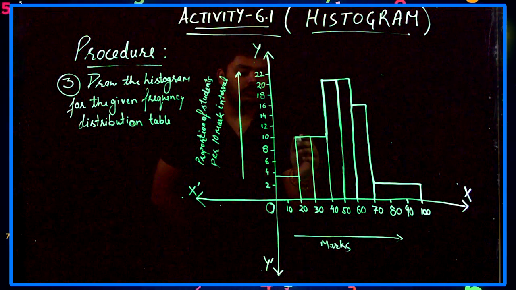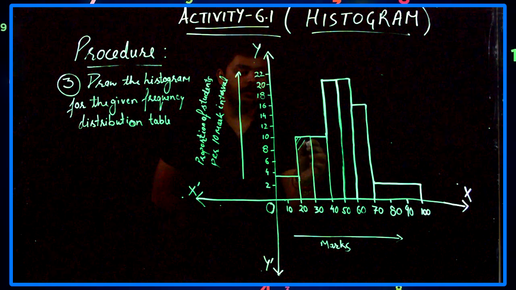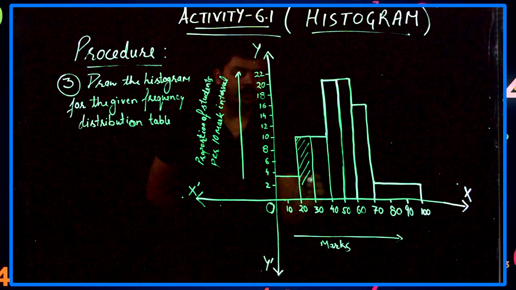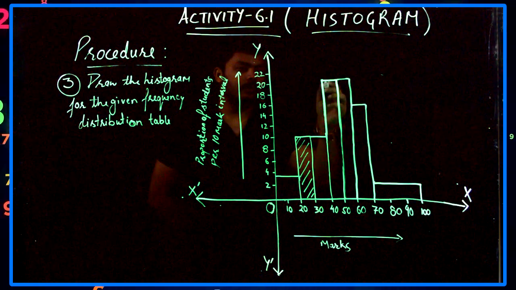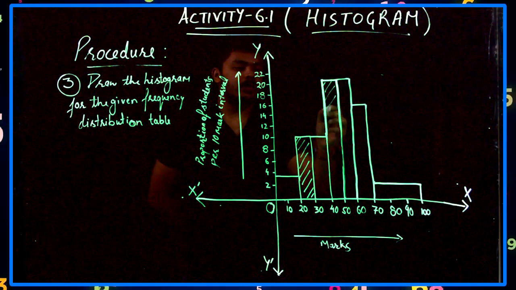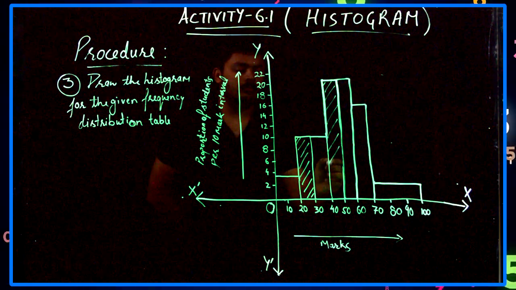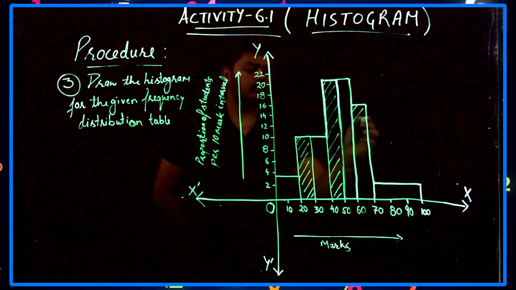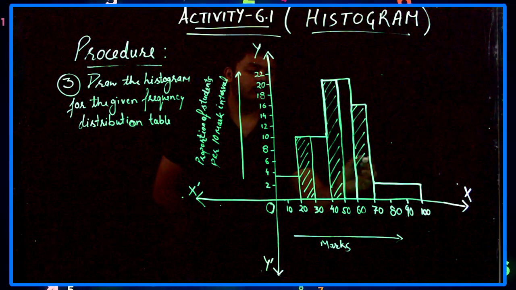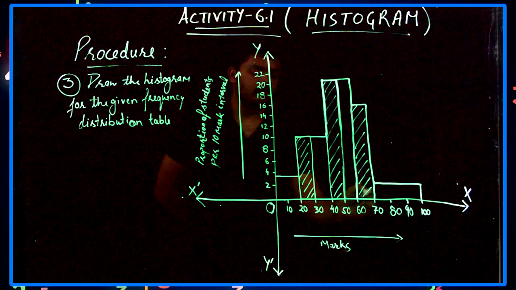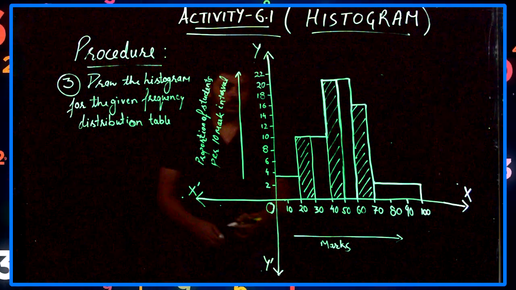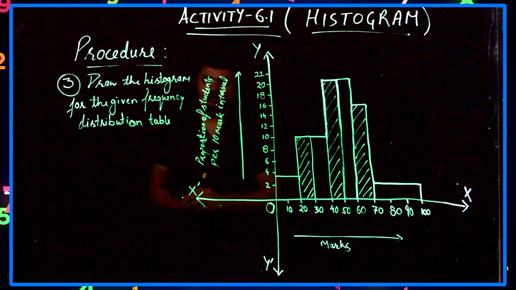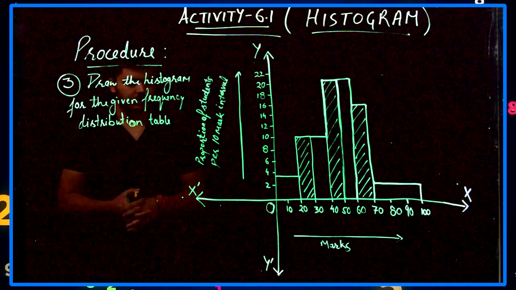We can also shade alternate histograms to identify them individually. Now this is the histogram for our frequency distribution table.